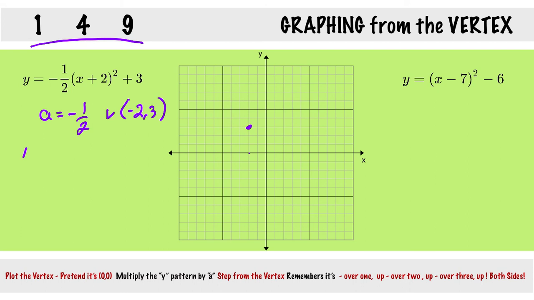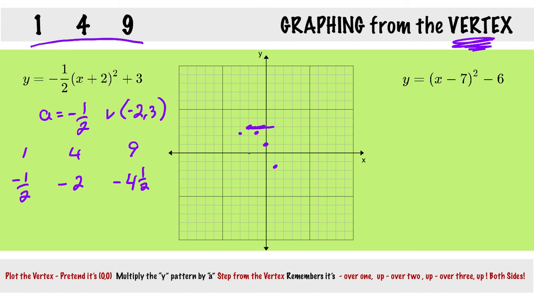So 1, 4, 9 becomes -1/2, -2, -4.5. And you're going from the vertex. So step to the right, down 1/2. Step to the right twice, down 2. Step to the right 3 times, down 4.5.